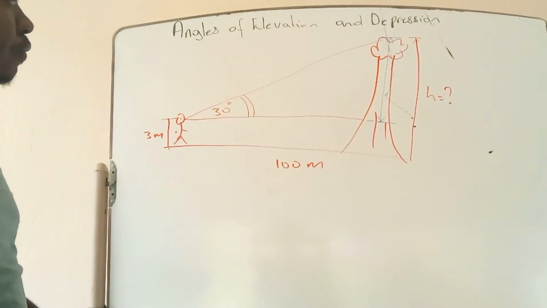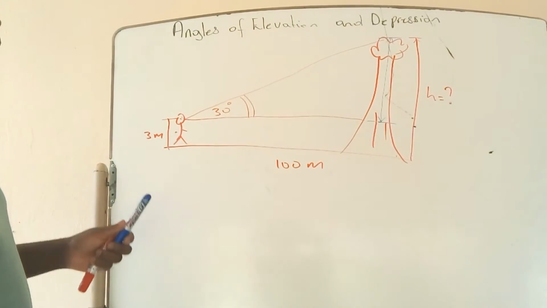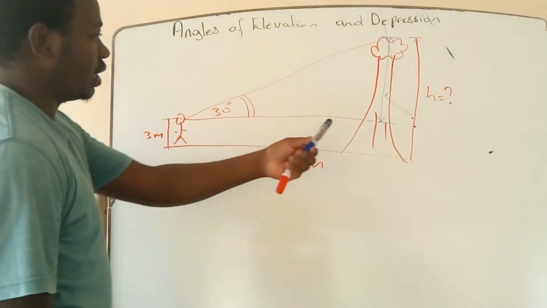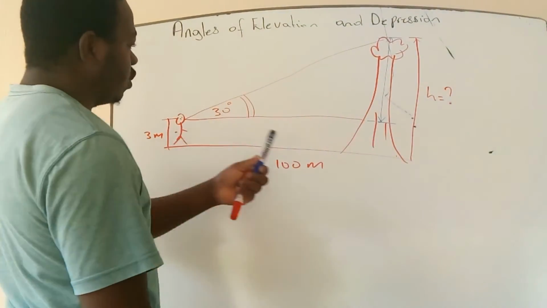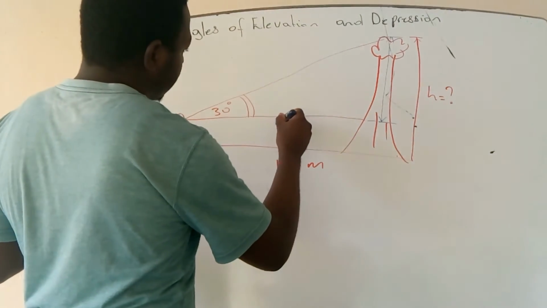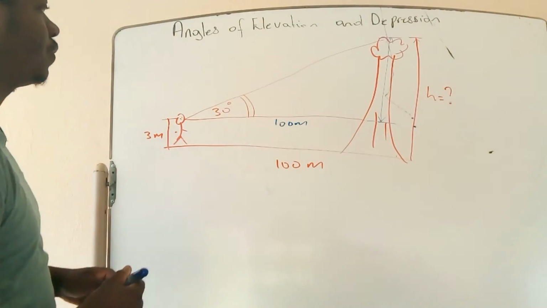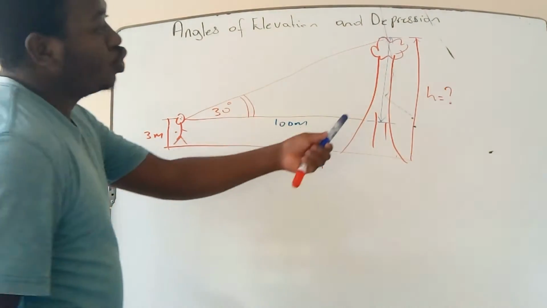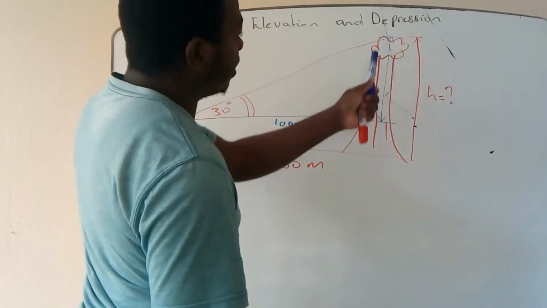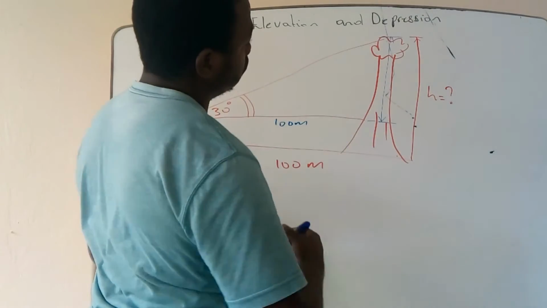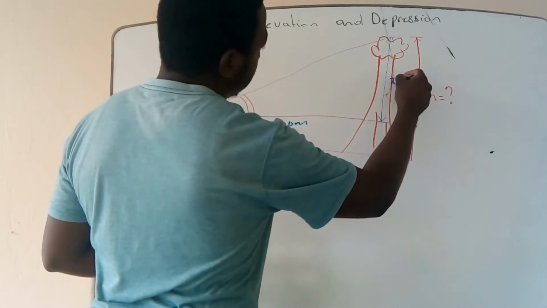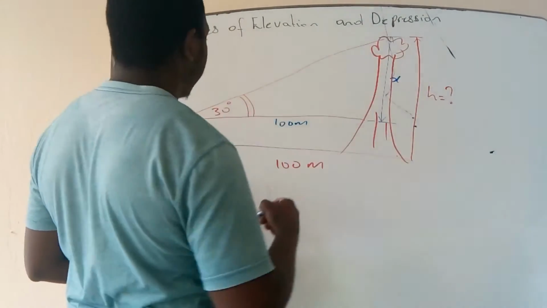You can find that height because you know this length here. You know that this is 100 meters. That's what they tell you. Now you could call this height here x, let the height here be x.